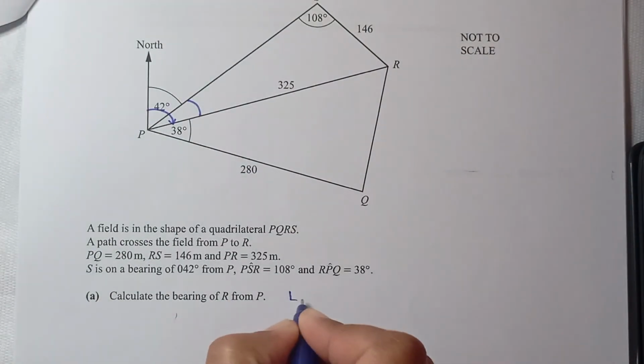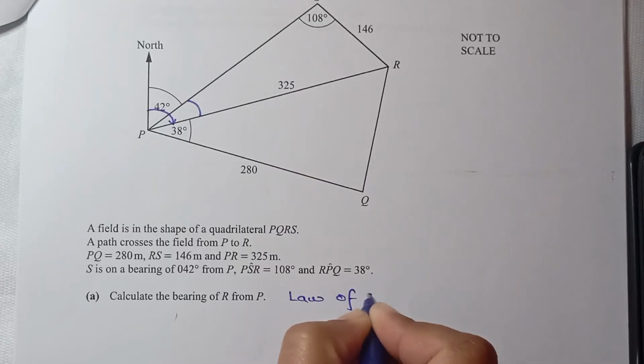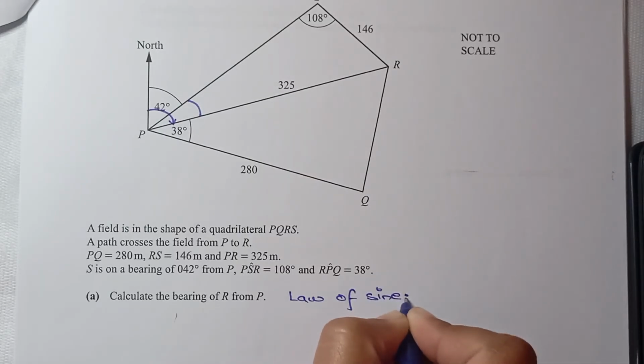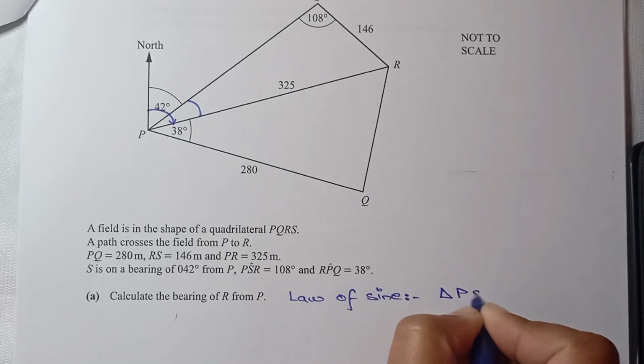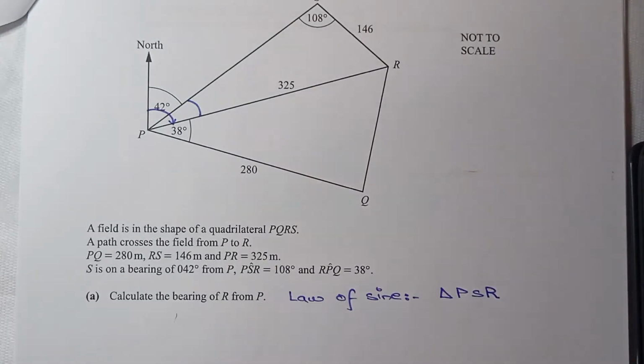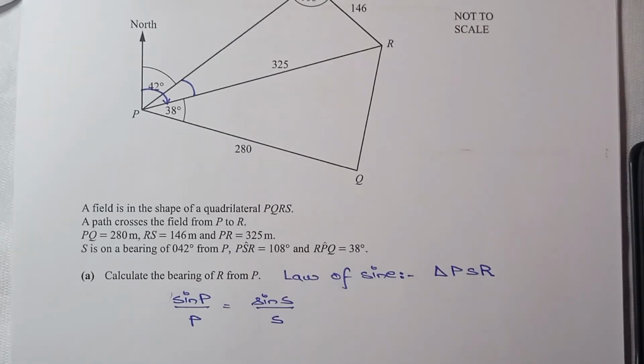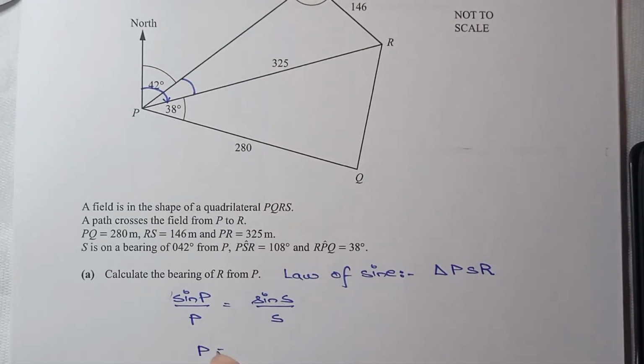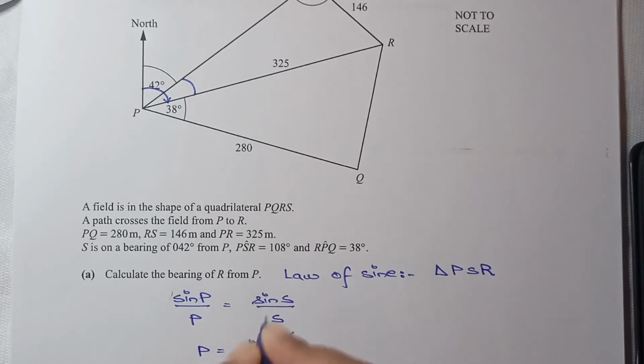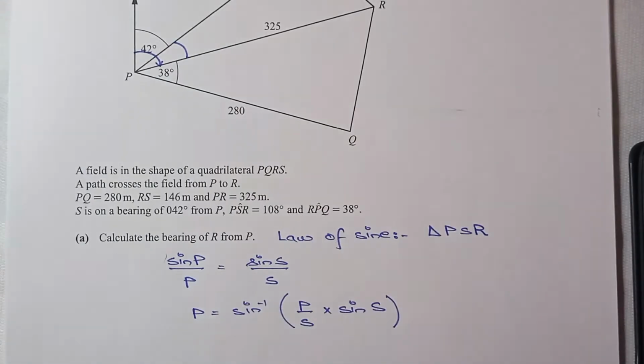Okay, so law of sine on the triangle P, S, and R. We need to find angle P. So sine P over side P would be equal to sine S over side S. So from here, P would be equal to sine inverse of P over S into sine S. Right, okay.